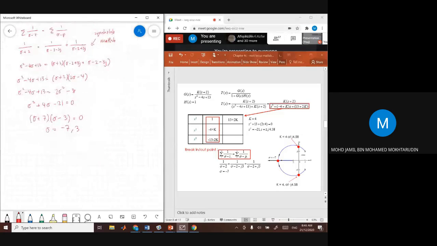Okay, we will see later which of these points is the correct break point, okay?